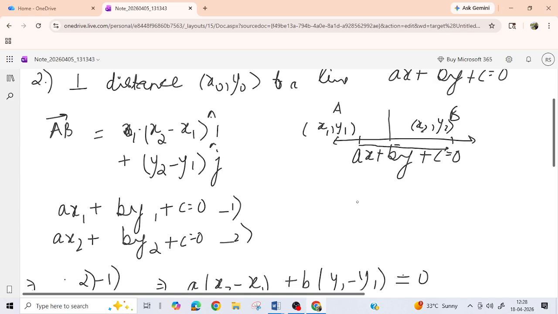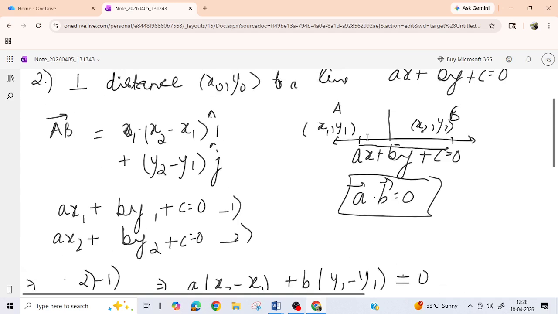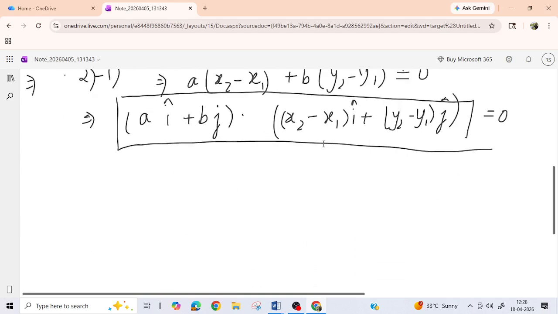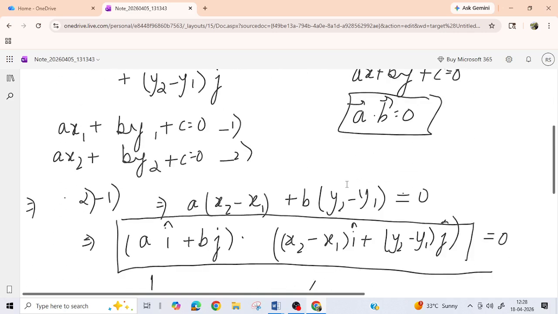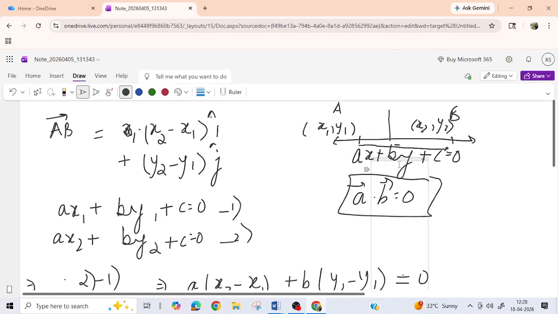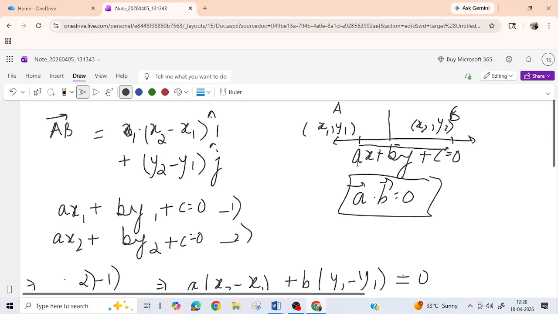Now as you would know, if two vectors are perpendicular, their dot product a dot b is 0. If a and b are two vectors and their dot product is 0, that means these two vectors are perpendicular. Now if you look into this, this is one vector which is nothing but this AB vector, (x2 minus x1) i cap plus (y2 minus y1) j cap, and then we have this a i cap plus b j cap, which means that this specific vector, a i cap plus b j cap, is perpendicular to this specific line, which is also in another form ax plus by plus c.